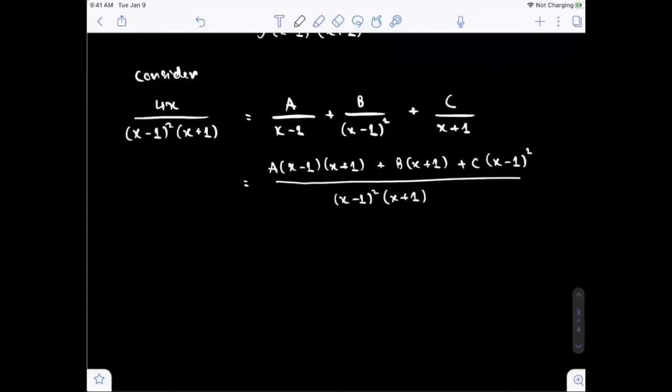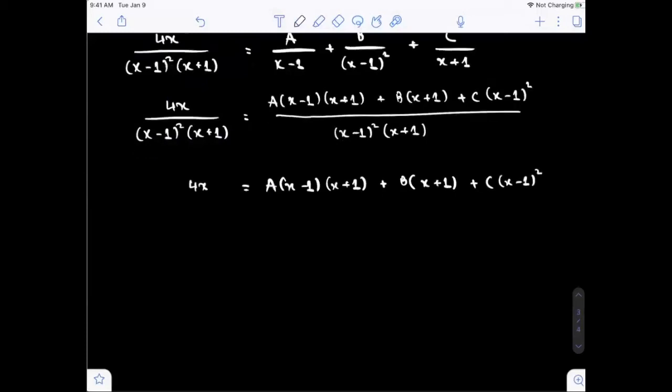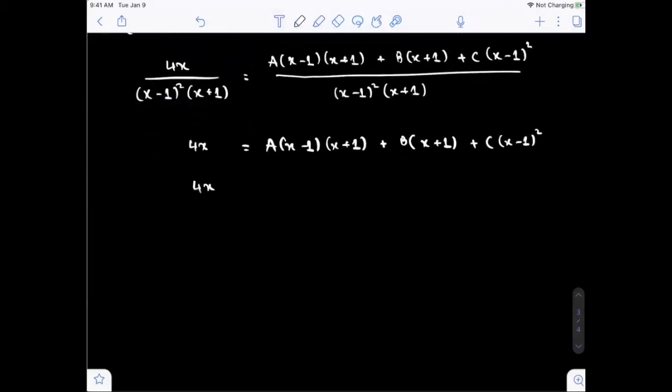So now the denominator is the same already. You just match the numerators together. So you have 4x equal to A times (x squared minus 1), plus B times (x plus 1), plus C times (x squared minus 2x plus 1).